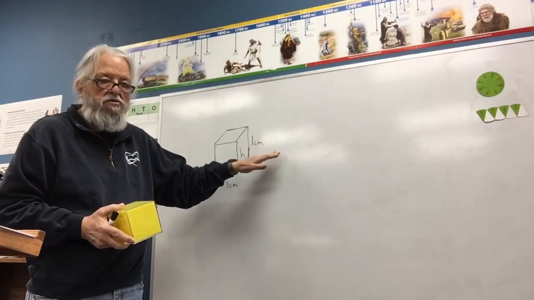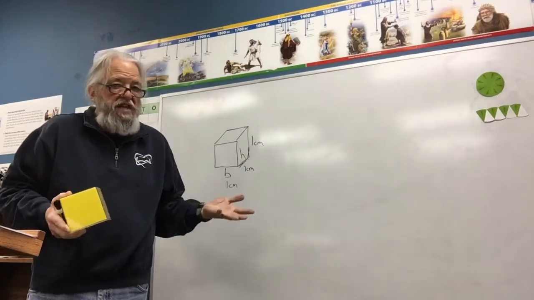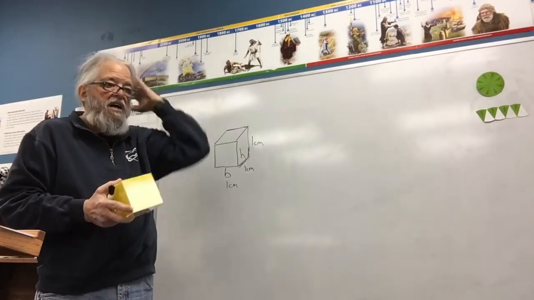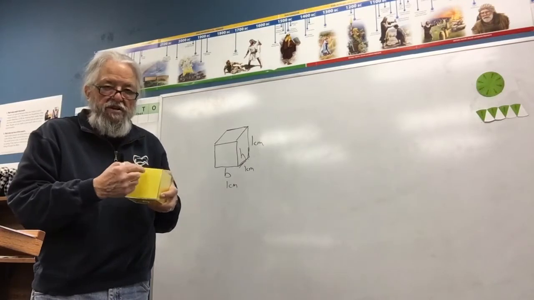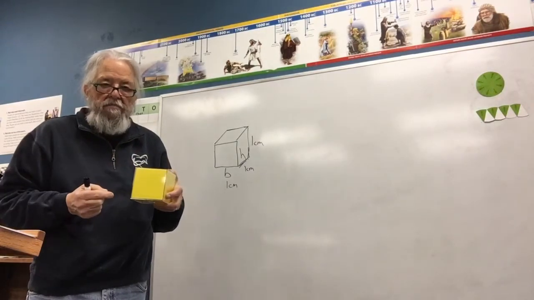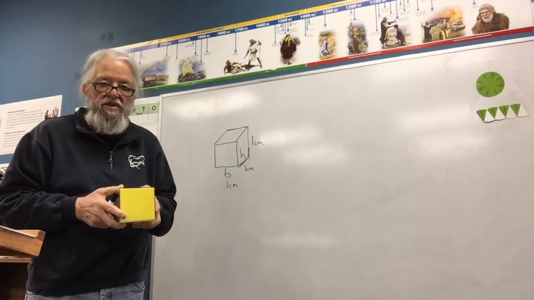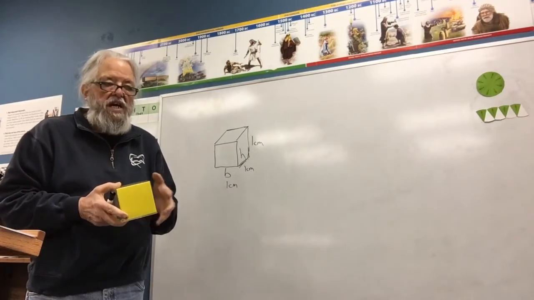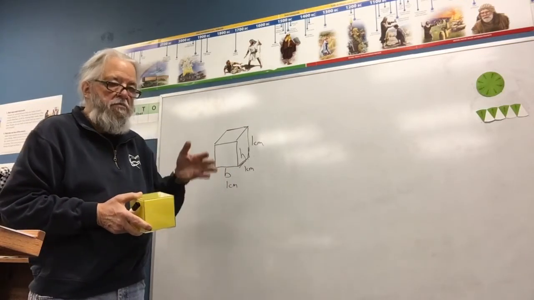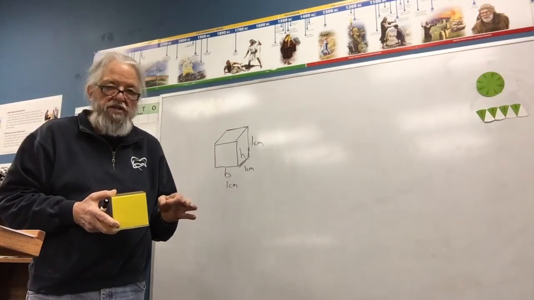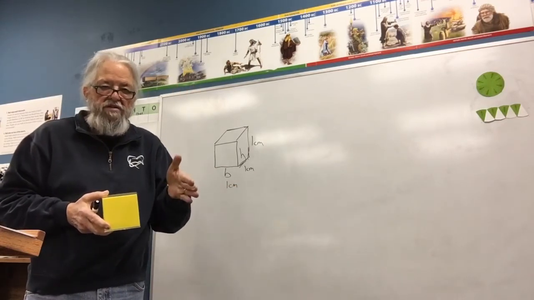Okay, so for you motor heads, cubic inches is just exactly that. It's looking at how many cubes 1 inch on each side would fit inside those cylinders. Okay, so anytime we're talking about volume, we're talking about cubic units. So length times width times height.